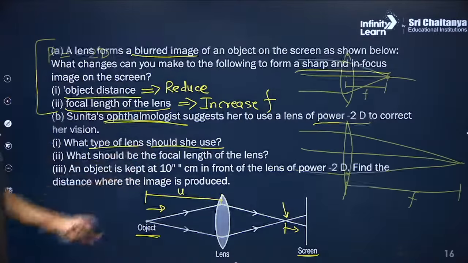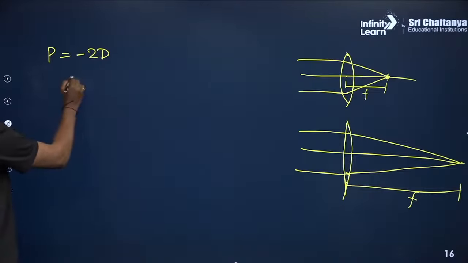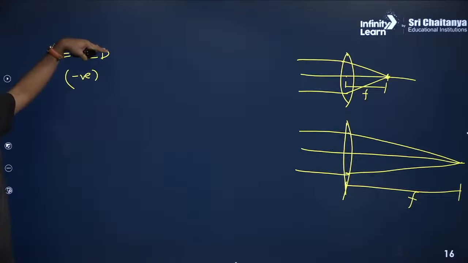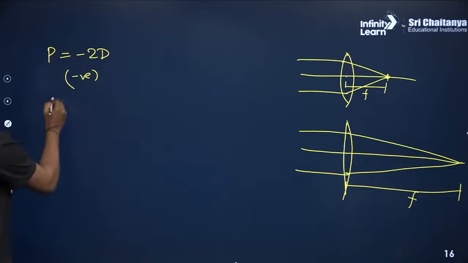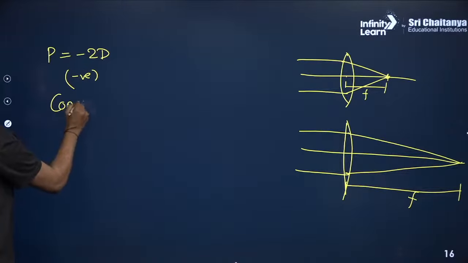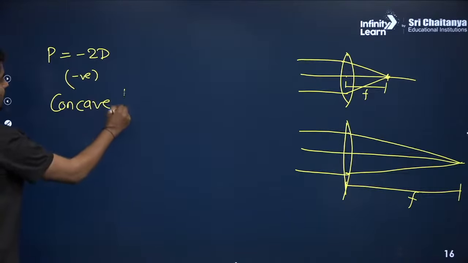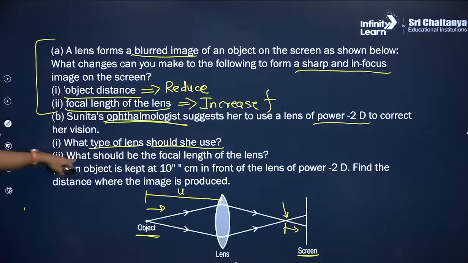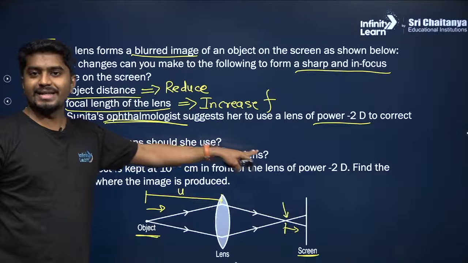Okay, so now what type of lens should she use? There is a negative -2, there is a negative power. So what type of lens it is? It is a concave lens. Okay, there is an answer for the first one. What should be the focal length of the lens?